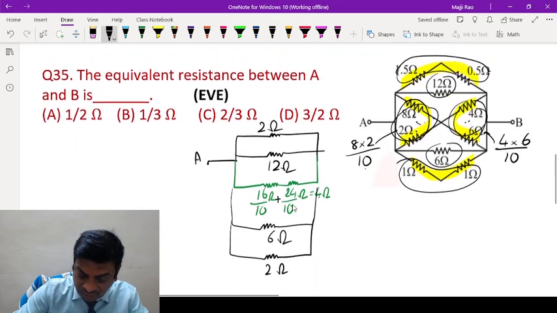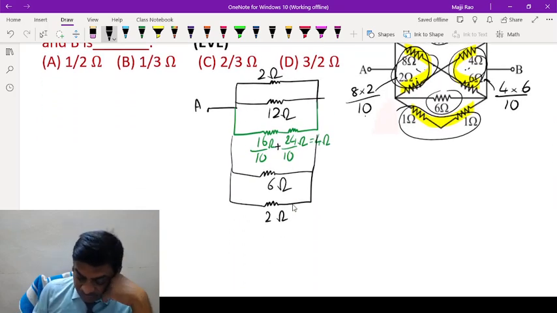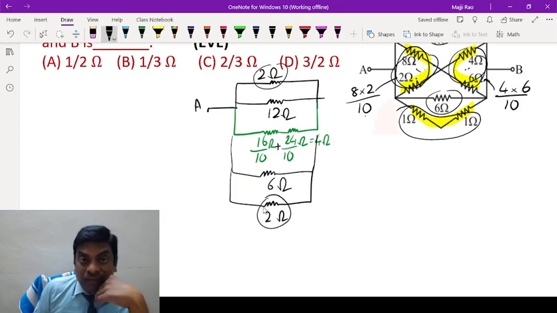As you can see, all these are in parallel. So we can directly apply the concept of parallel, or step by step we can eliminate, not a problem. For example, 2 ohm and 2 ohm in parallel will give you 1 ohm.